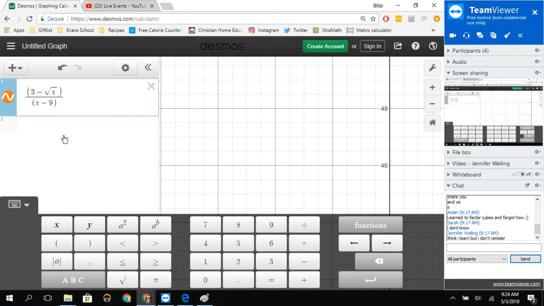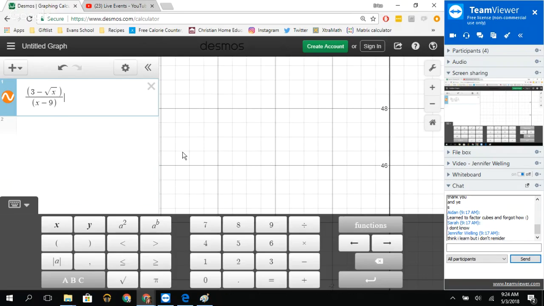With your TI, it's really easy to end up with the divide by x minus 9 outside the function. So just make sure, especially on your TI, that you put some extra parentheses in there to get your equation right, because that's usually the trickiest part when you have to graph it.